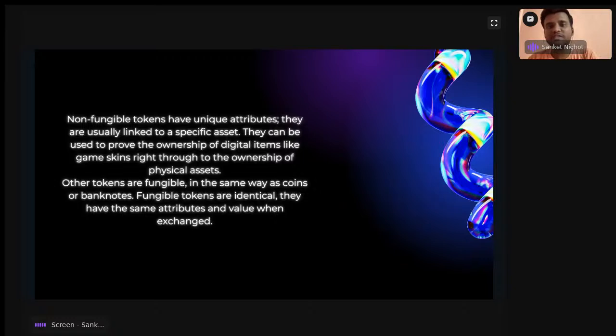And when new NFTs are created on the project, the smart contract itself identifies if that is a unique product on the blockchain or not.